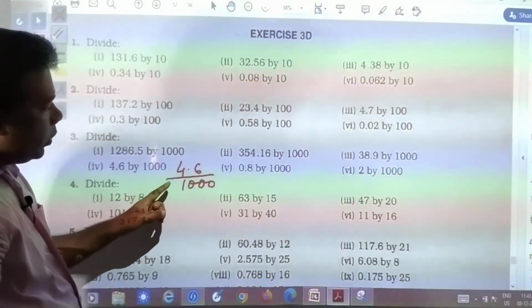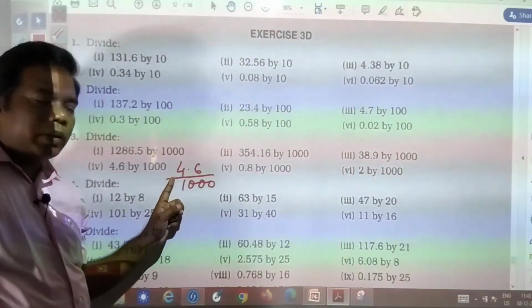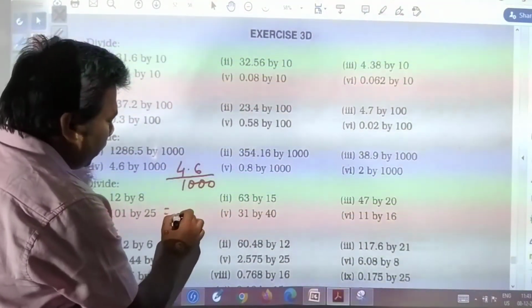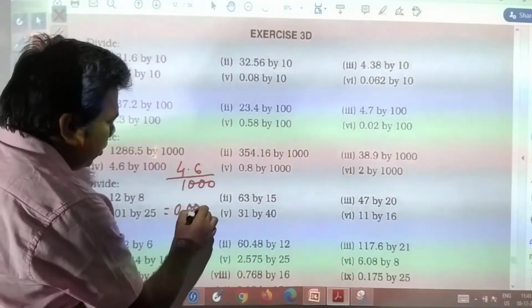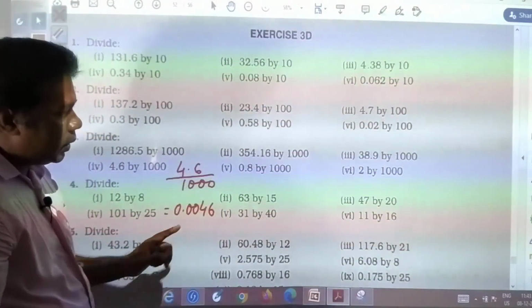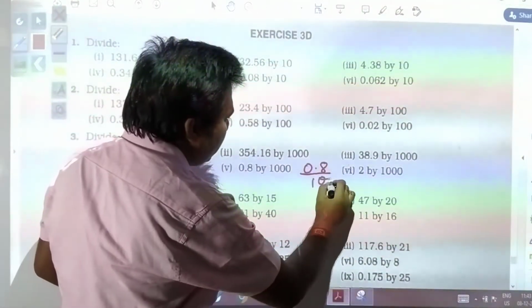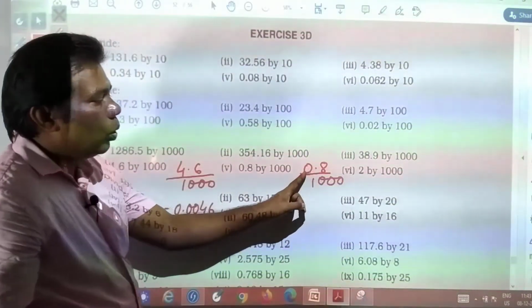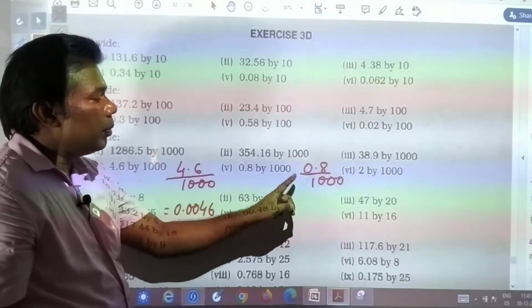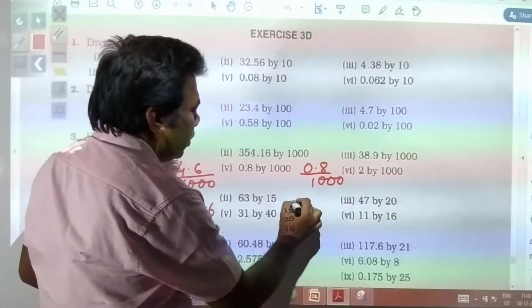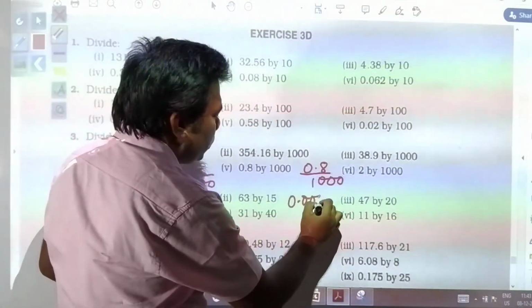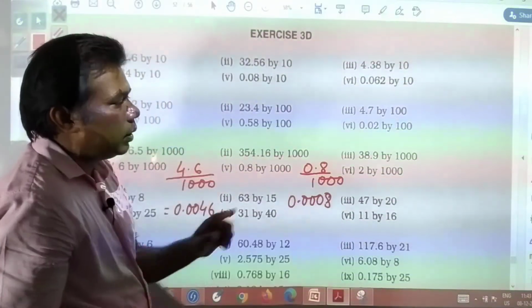Again 3 places you need, only 1 digit you have. So 2 zeros will be required. 0.0046. This will be your answer. 0.8 divided by 1000. So no whole number you have. Before the decimal 3 zeros will be required. So 0.0008 will be your answer.